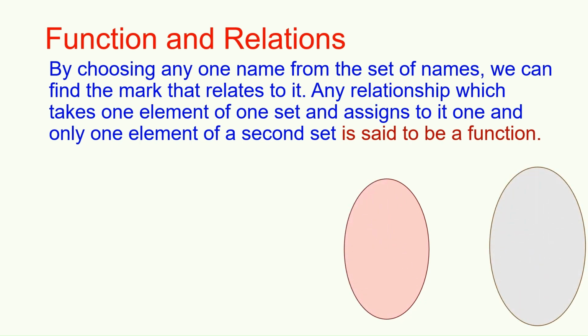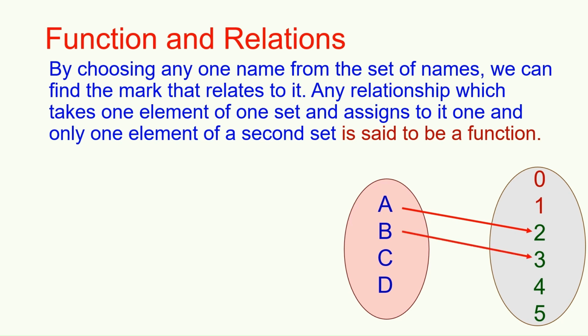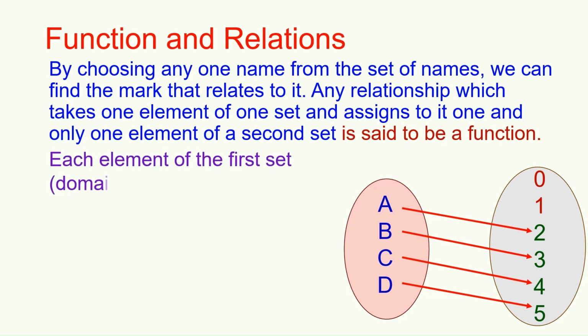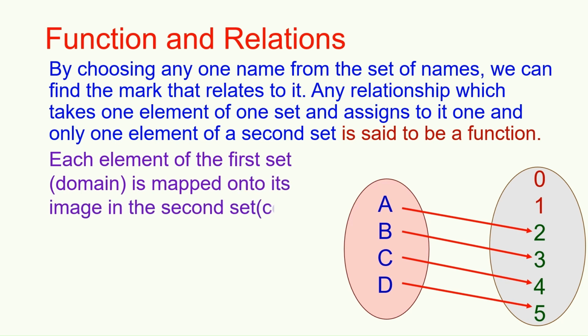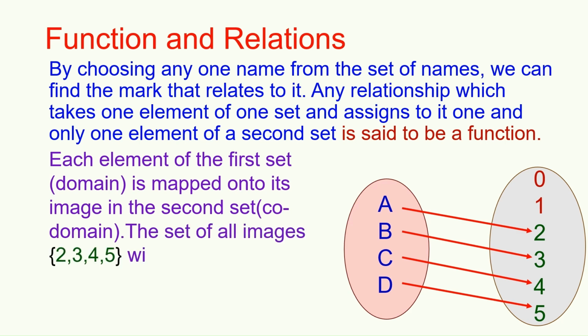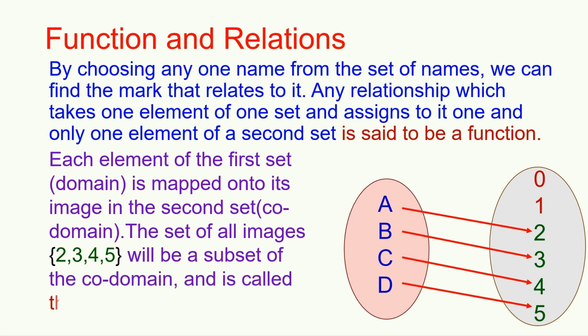Here we show the mapping of marks as A to 2, B to 3, C to 4, and D to 5. Each element of the first set, or domain, is mapped onto its image in the second set, or codomain. The set of all images, 2, 3, 4, 5, is a subset of the codomain and is called the range.